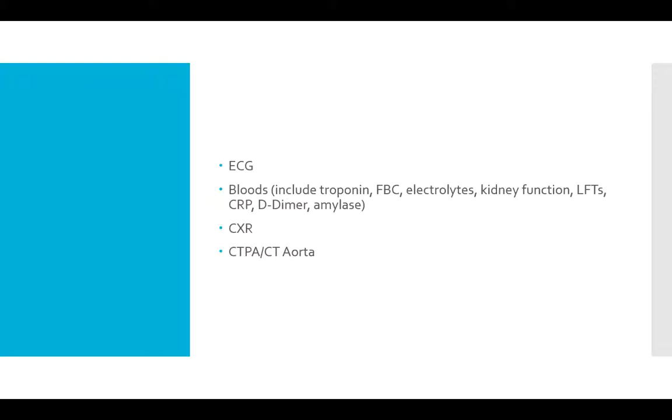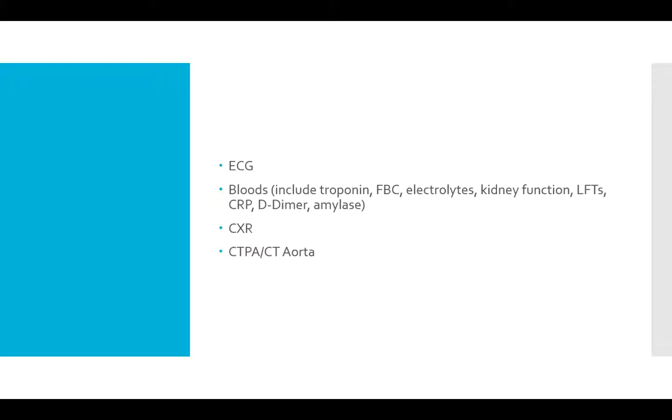For example, an active malignancy or pregnancy can raise your D-dimer by default and ironically predispose you to clotting. So it's a bit of a double-edged sword.